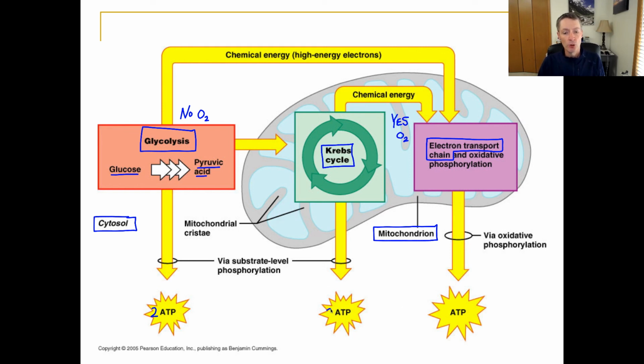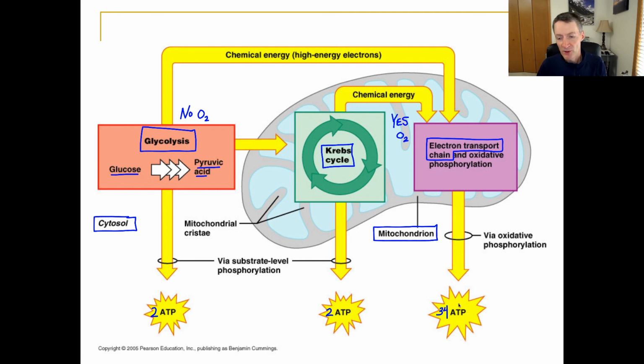We get 2 more ATPs, again minimal, from the Krebs cycle. But the electron transport system, 34. We're in the 30s now. If we have mitochondria, and oxygen present so that these can run, the electron transport chain going for us is going to get us 34 ATPs.